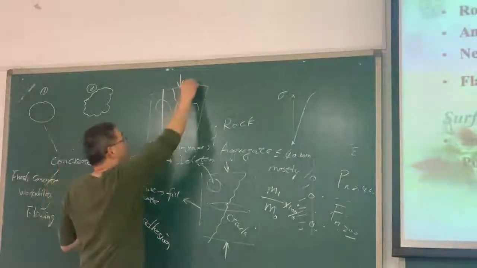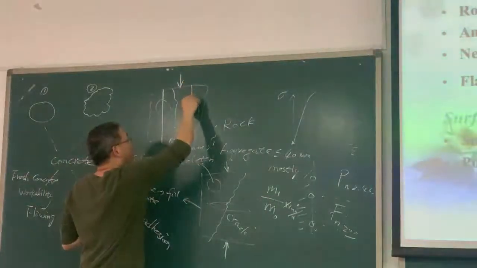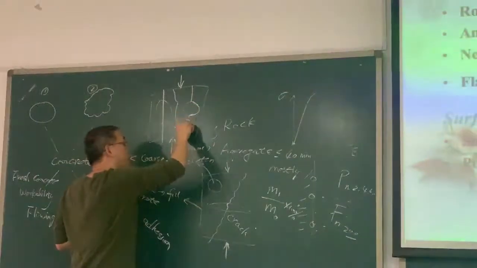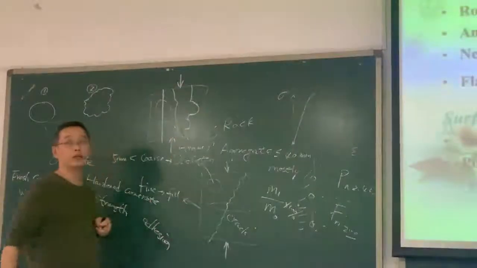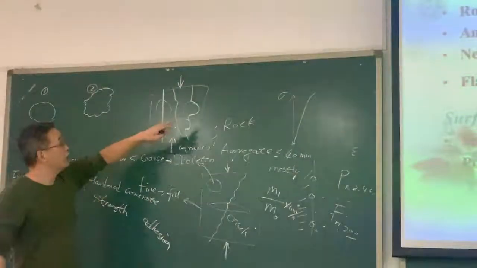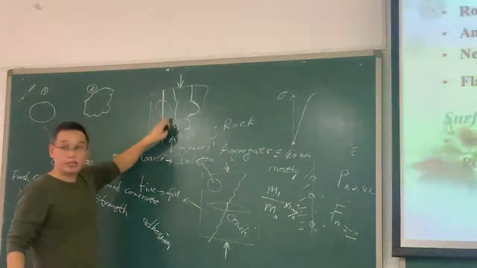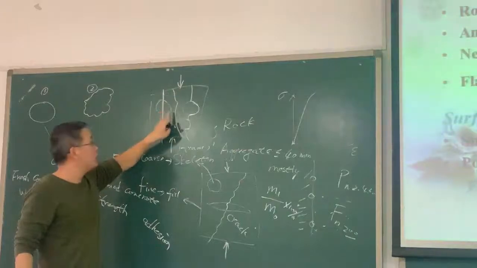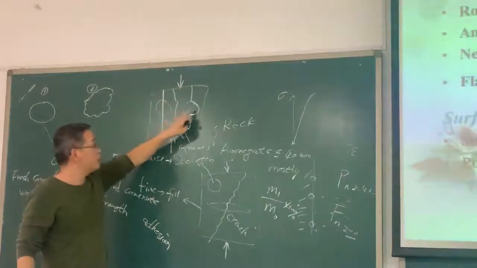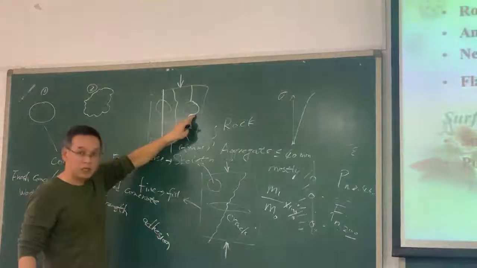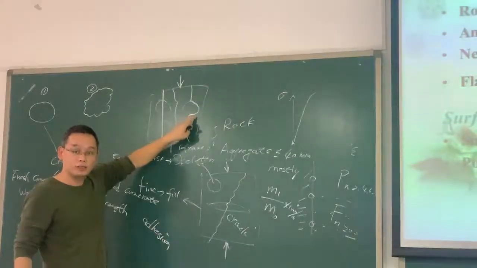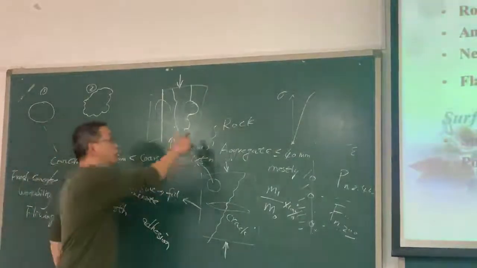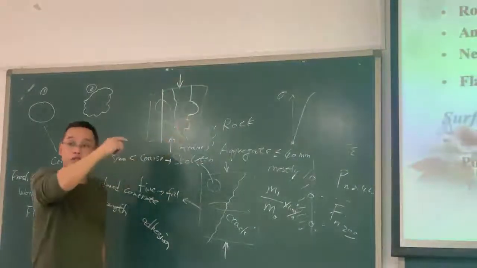The third one is the cracks develop along the surface of the aggregate. Which one? There are three strengths: the strength of aggregate, the strength of the cement paste, and the strength of the surface or transition zone. Which one is the smallest?